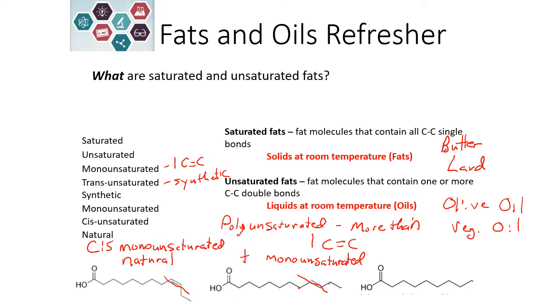And so this is going to be trans. And it is going to be a synthetic fatty acid. And our last one, if we look at this, there are no double bonds besides that carbonyl, so this is going to be a saturated fat.